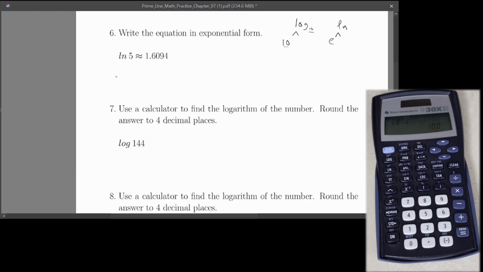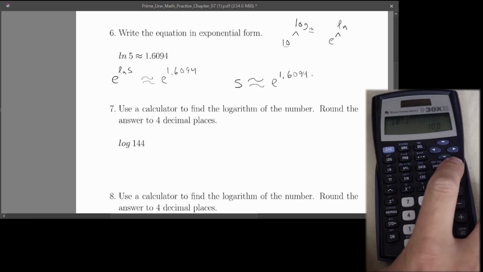When we do ln, our alternate piece is doing e, the natural log equivalent. So in this case, we're going to take e to the ln of 5, and that's going to be approximately equal to e to the 1.6094. And here e and ln cancel out, and so we get 5 is approximately e to the 1.6094.